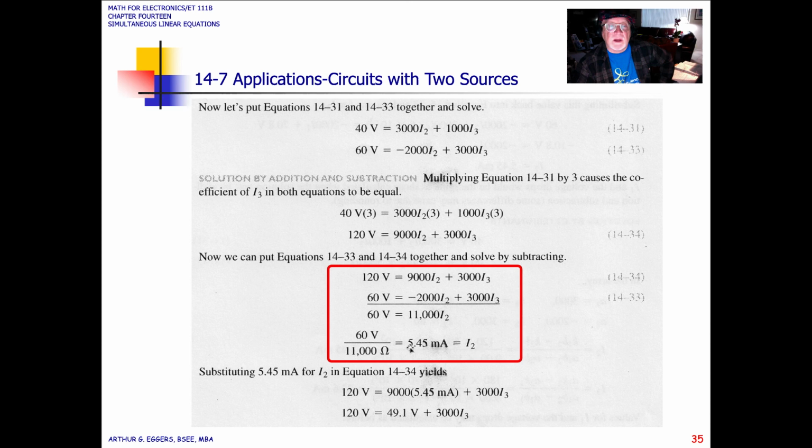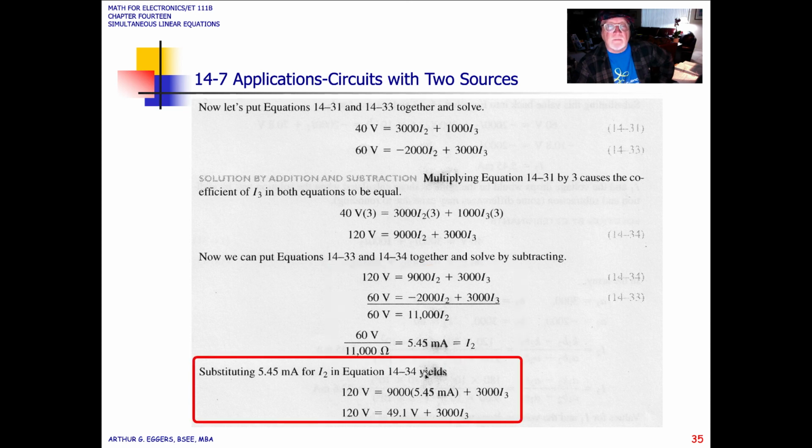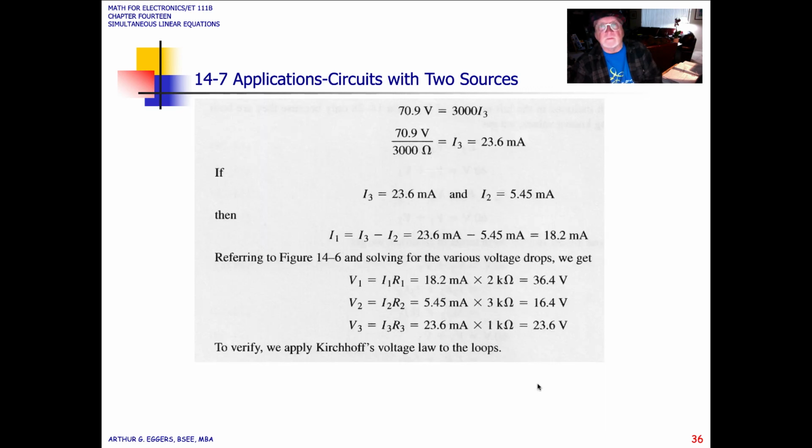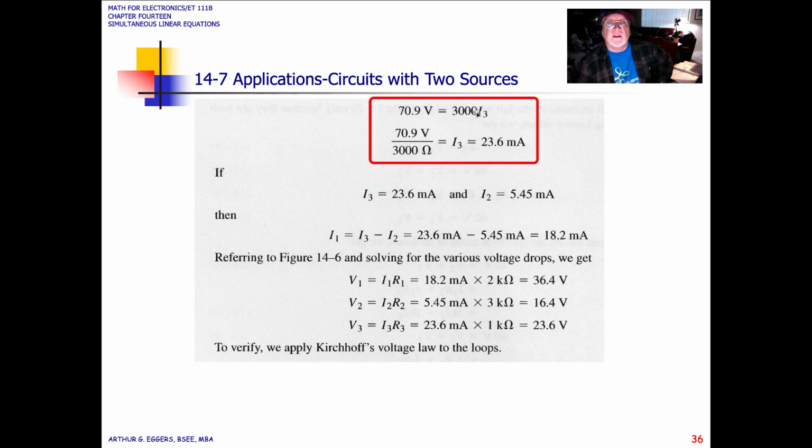So now if we substitute current I2 back into the second expression, 120 volts equals 9,000 I2 plus 3,000 I3, we make that substitution. Now we've set up the expression to solve for I3. So we get 70.9 volts is equal to 3,000 I3. Divide 3,000 into 70.9.